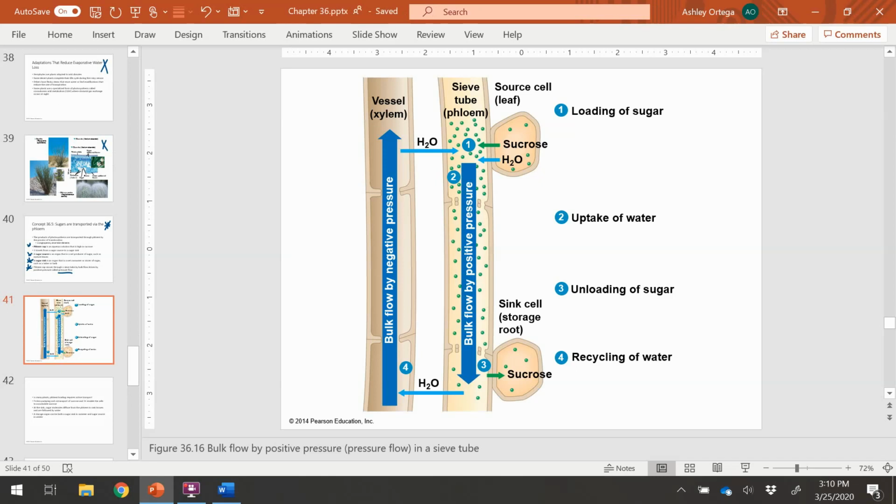And so here's the process of the sugar transport. First, the sugar has to cross the membrane. From the source cell, which is shown here as the leaf, the sucrose and the water move from the leaf cell to the phloem tissue. And from there, the concentration of sugar brings water from the xylem over as well.